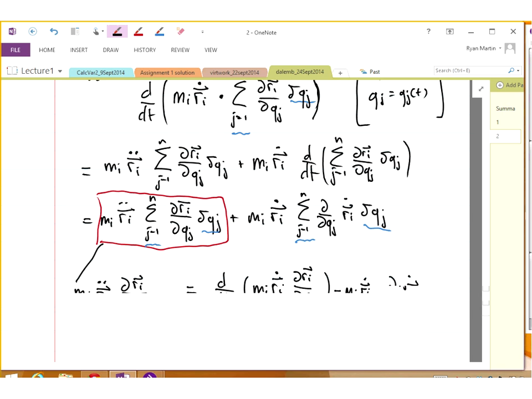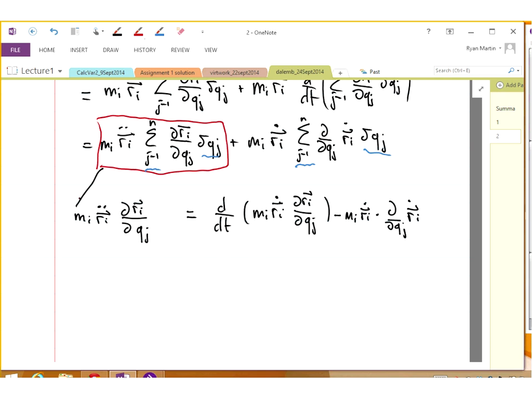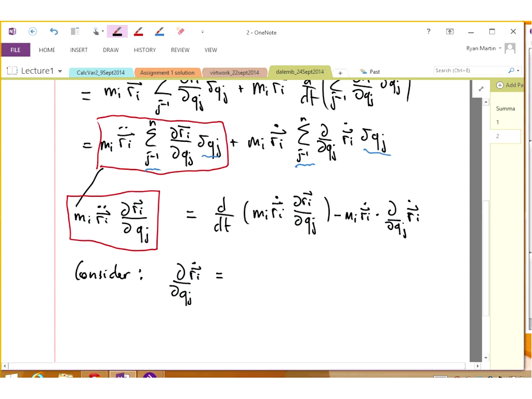So we're getting there. So this is our red term here. Maybe it helps if I keep putting it in red. Now consider the following identity. Consider taking d by dqj of ri vector dot. That's the last term we have in the equation above. So that's the same as d by dqj.